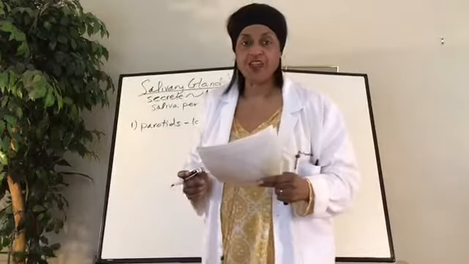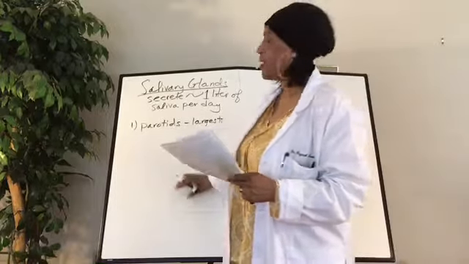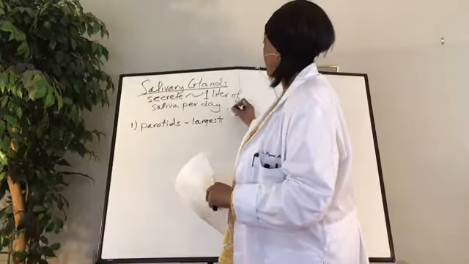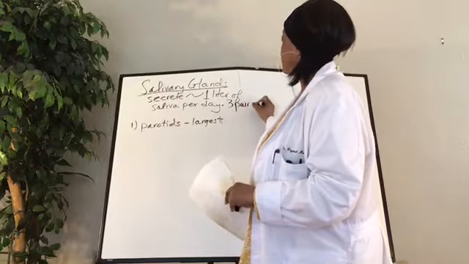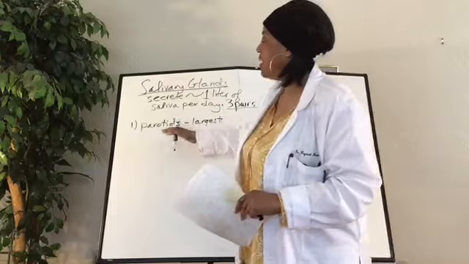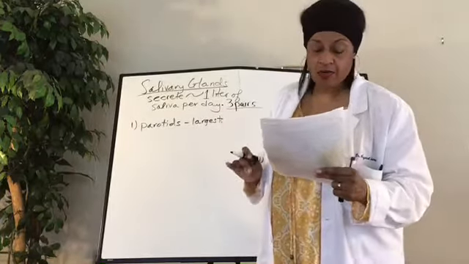The parotids are the largest of the paired salivary glands. So you have 2 of them. I said these are paired. Let me make sure you know that you have 3 pairs. So you'll know that it's 2 parotids, and it's going to be 2 submandibular and 2 sublinguals.